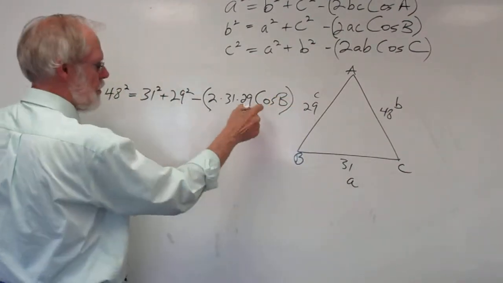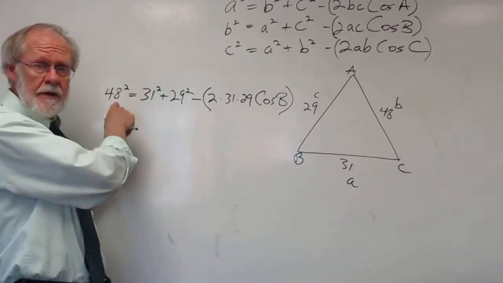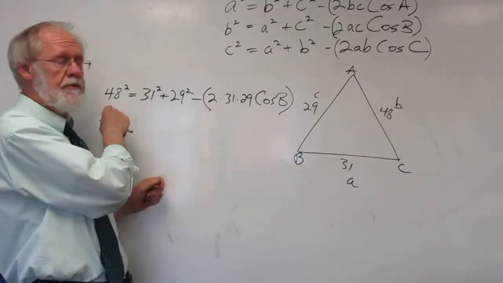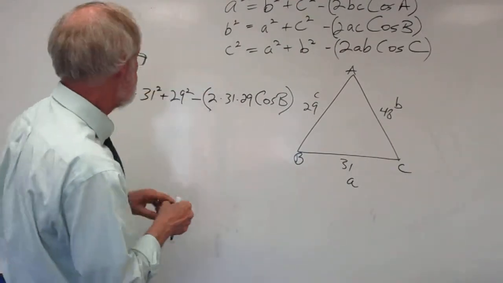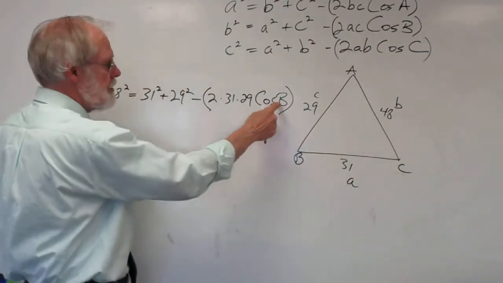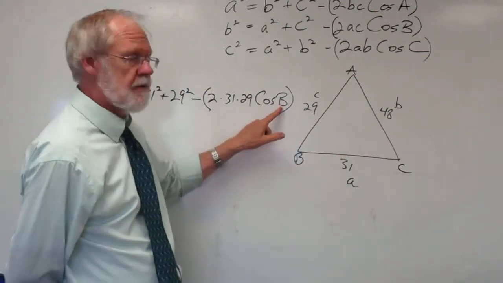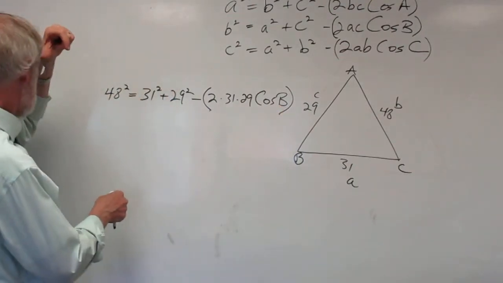Now, here's what I want you to see about this. In the previous case, we solved for A squared. We solved for A, or we could have solved for B, or we could have solved for C. We have that now because we have all 3 sides. What we don't have is an angle. So it's over here. This is the variable we're solving for this time. So let's run through that one more time.